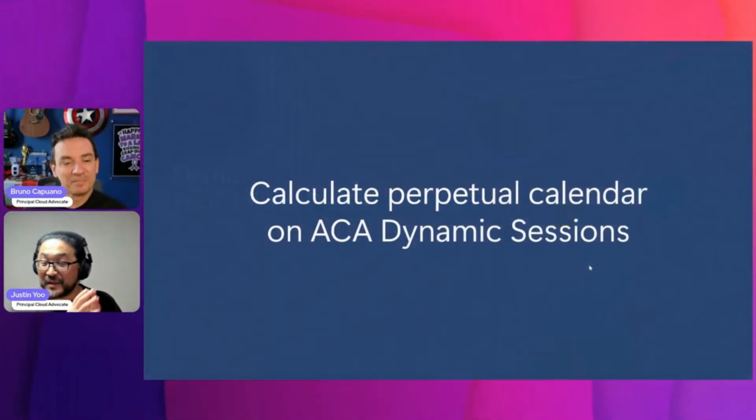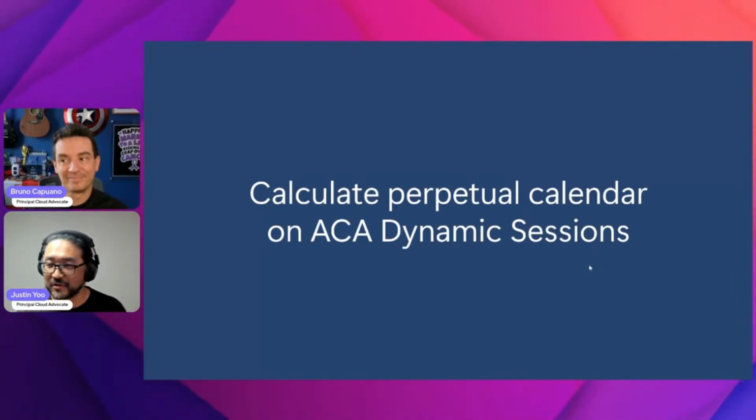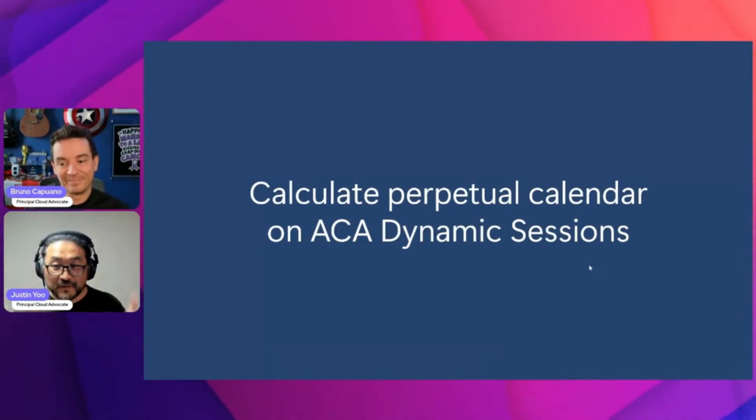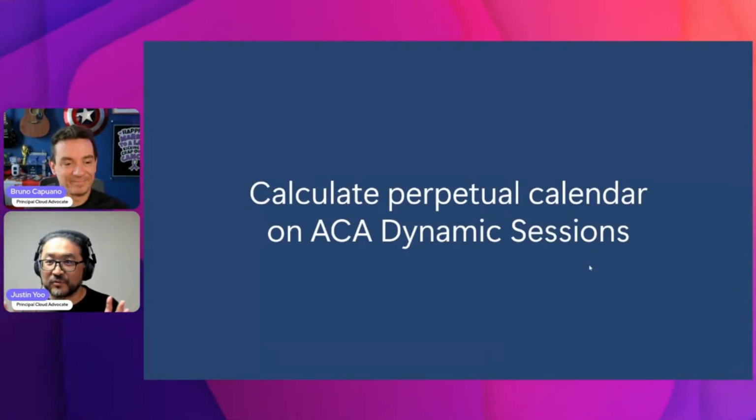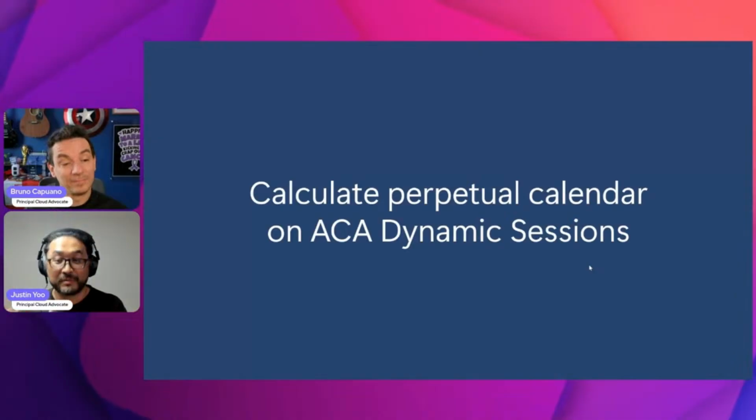So, in order to analyze the fortune teller stuff using Korean-style astrology, we need to calculate the perpetual calendar on the ACA dynamic session. For anyone who doesn't know about the four pillars of destiny analysis, we need to take the year, month, date, and time, and birthplace.